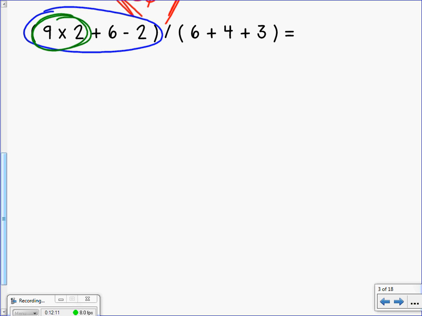Okay, so 9 times 2 is? 18. What do I have to do now? Do 18 plus 6. What's my rule? Even if you are Albert Einstein, rewrite it. So everything else still stays the same, except for that one thing you just did.